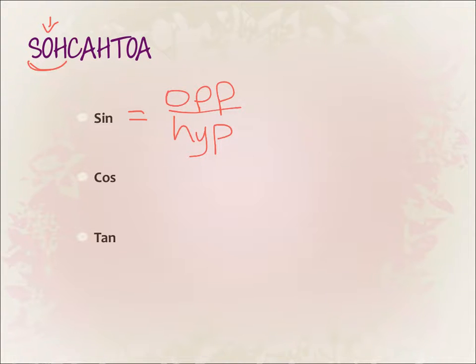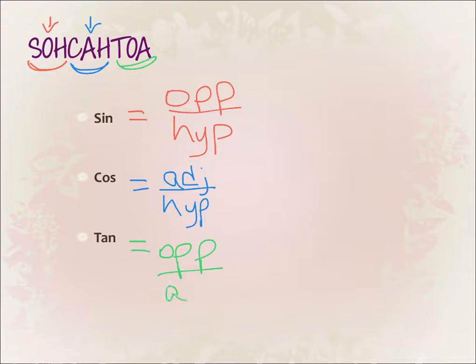Then the next trig ratio is the CA, which is the cosine. The A represents adjacent, and the H represents hypotenuse. And then the last one, the tan, which we saw yesterday, that's the TOA, and that'll be opposite over adjacent. So if you remember SOHCAHTOA, it'll help you remember the three trig ratios.